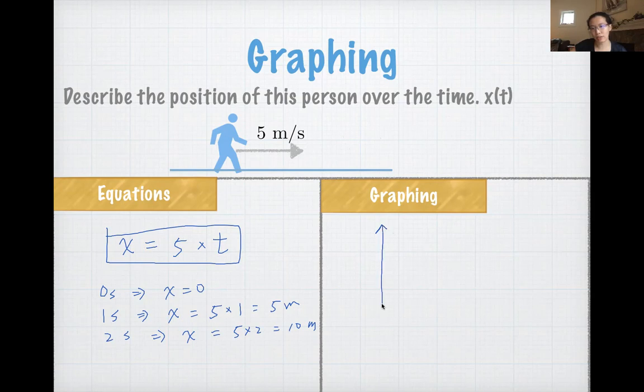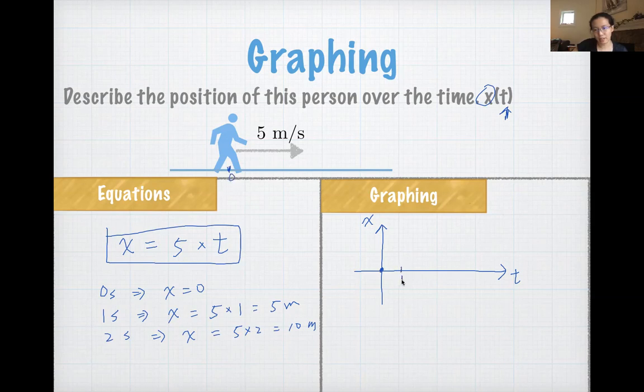To do the graphing, you need to have an x and a y axis. Usually if I want to know the position at a certain time, then I will put the position on the y axis and the time on the x axis, the horizontal axis. And then I know at 0 seconds, this person should be at position 0.